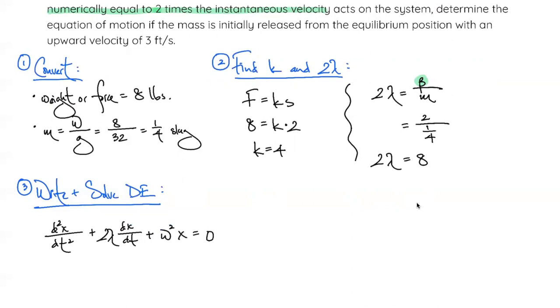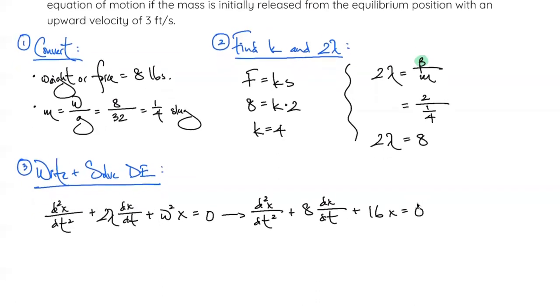Omega squared was just a fancy way of saying k divided by m. So when we plug in all those numbers, we get 8 dx dt plus 4 over 1/4. We had to do k divided by 1/4, and that gives us 16 as our omega squared.